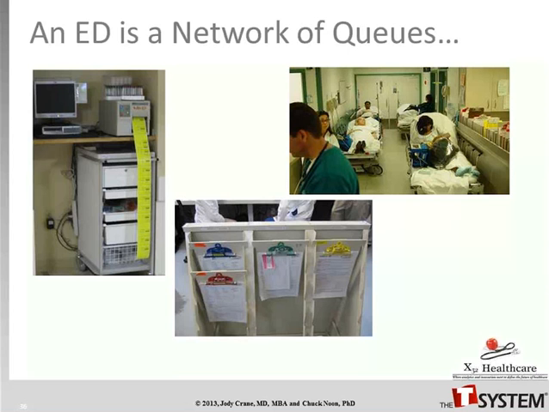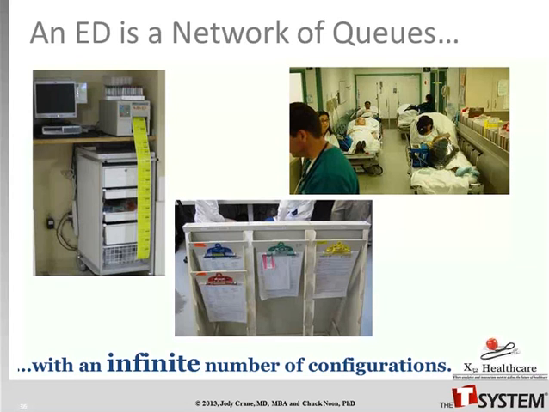Red and blue might be level 1 and 2 patients, and green may be a level 4 or 5 patient. Yellow may be a level 3 patient. There may be a queue to get upstairs on the inpatient side, and I'm sure a lot of you experience that every day. So the real challenge here is to consider your ED a network of queues and to understand that the patient experience is simply a summation of all of those queues.